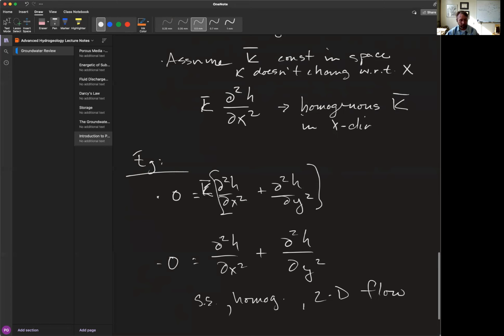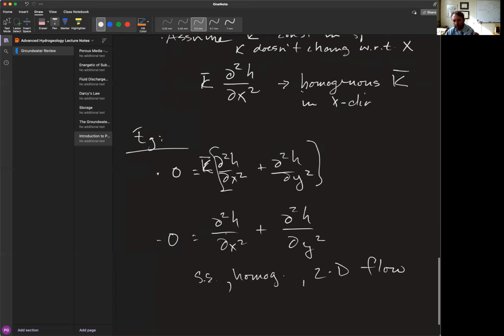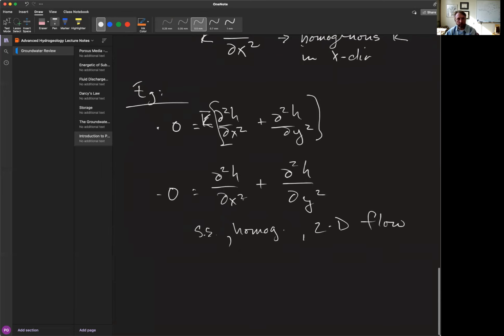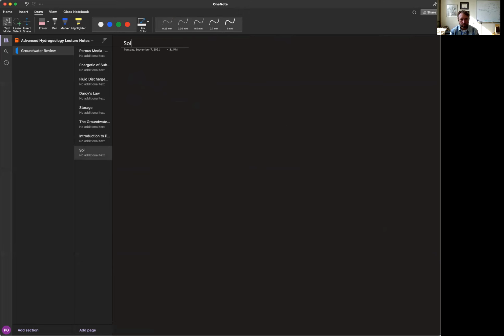So let's move on now and talk about what a solution to a PDE is. Let's add another page. Again, analysis and solving of partial differential equations is a very rigorous field, and here we're just dipping our toes.